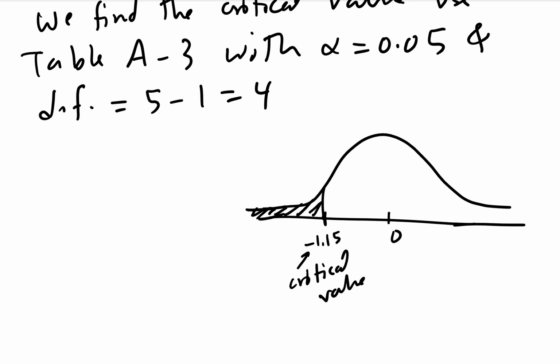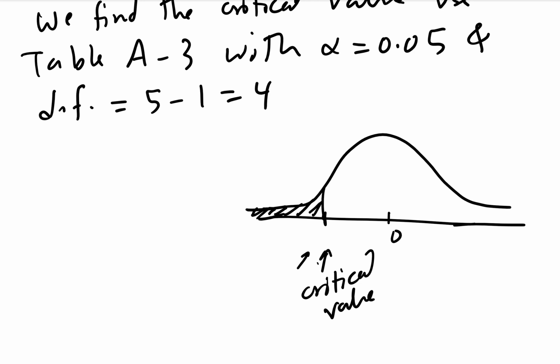Now we need to find again, that's not a critical value, that's the test statistic value. Here we usually put the critical value, which I will find in a minute, and then check where the test statistic is. So I'm looking at the table right now.